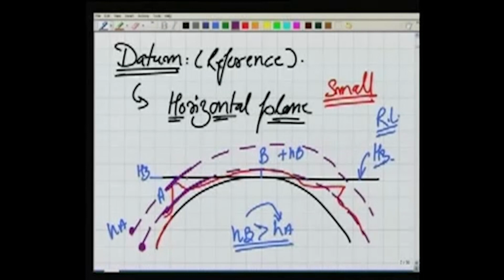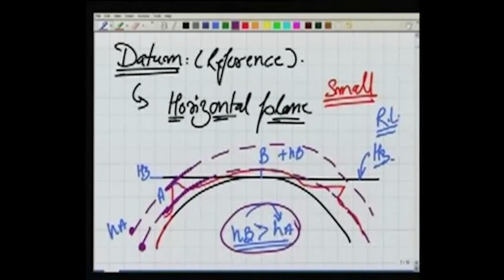So what does it say? It says, if I take the horizontal surface as my reference, it is giving me the wrong result. The actual result should be that HA should be higher than HB, and then only the water from A will flow towards B, as is true in terms of the gravity also.